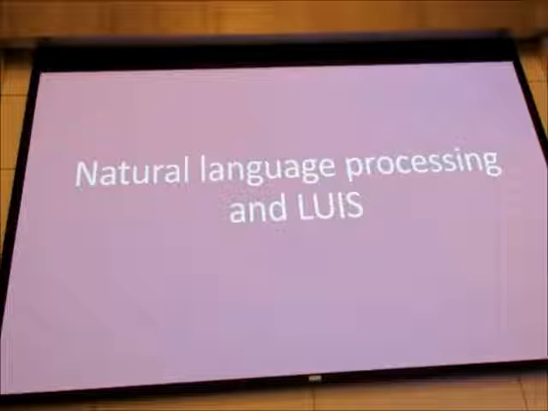That's why we need to use some kind of natural language understanding. And here is where LUIS comes into place. LUIS is the Language Understanding Intelligent Service. It helps you to understand what users actually wrote into your system.